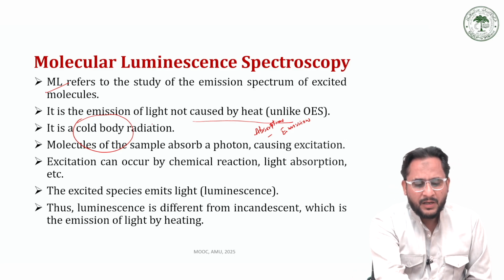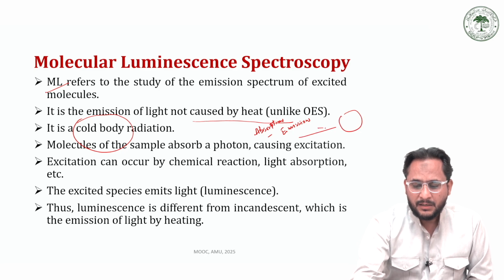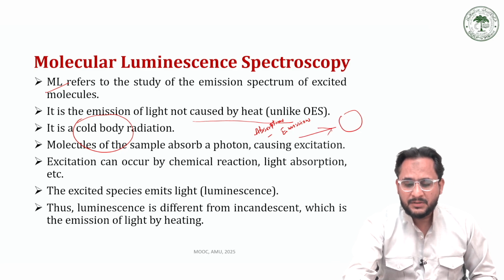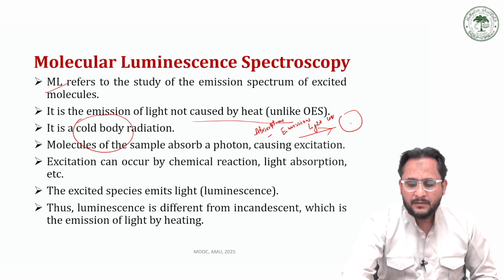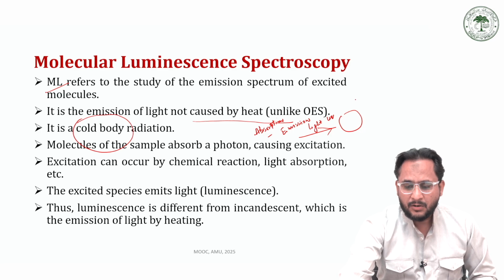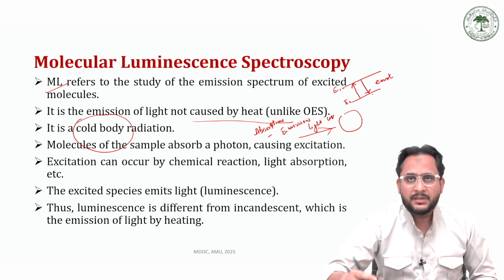So here, for example, we have an atom present in a sample. This atom is excited by a light source. We generally use UV light in this particular case. The absorbance of light causes excitation of electrons from the ground level E0 to the excited level, and when these electrons come back, they emit light, which creates an emission spectrum.